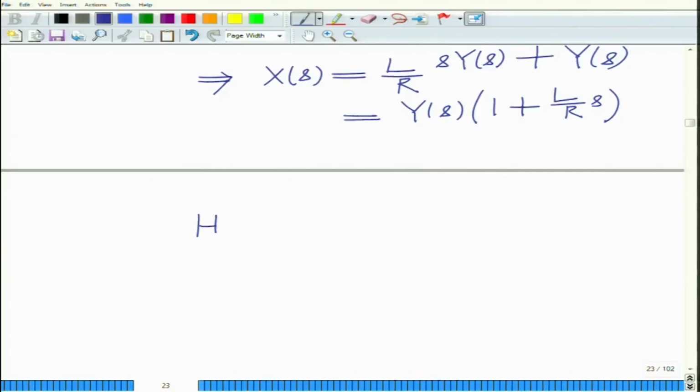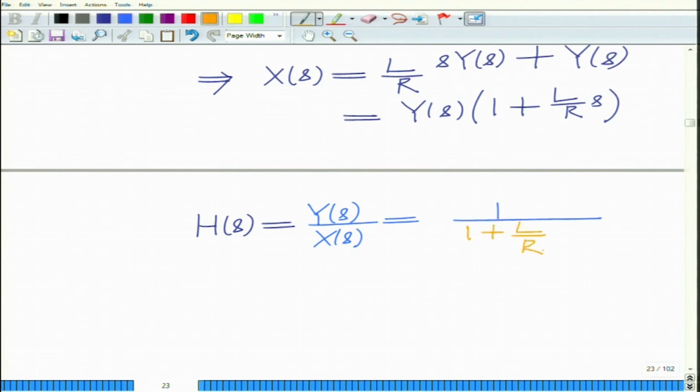Therefore, H(s), the Laplace transform of the impulse response, is basically the transfer function, Y(s) by X(s) equals 1 over 1 plus L by R s.